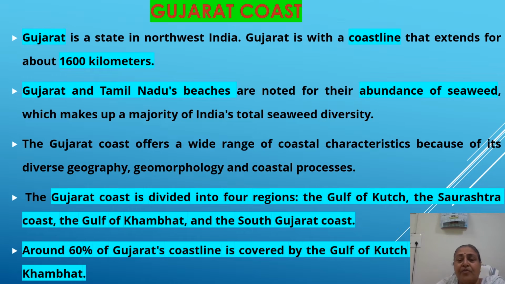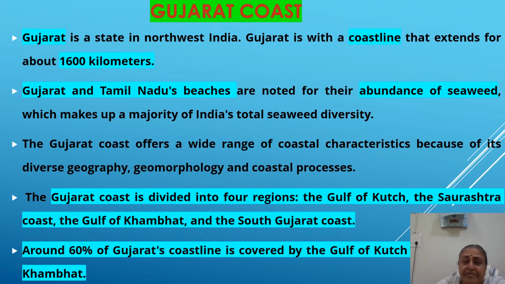As I showed in my earlier slides, the Gujarat coast is divided into four regions, that is the Gulf of Kutch, Saurashtra coast, Gulf of Khambhat, and the South Gujarat coast. Around 60% of the Gujarat coastline is covered by the Gulf of Kutch and the Gulf of Khambhat.